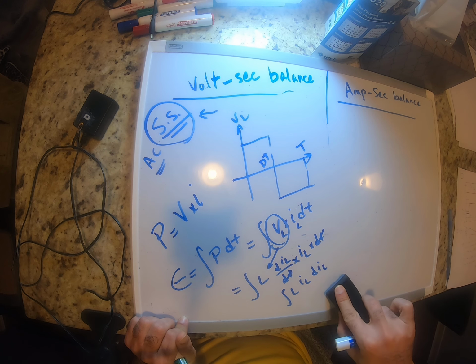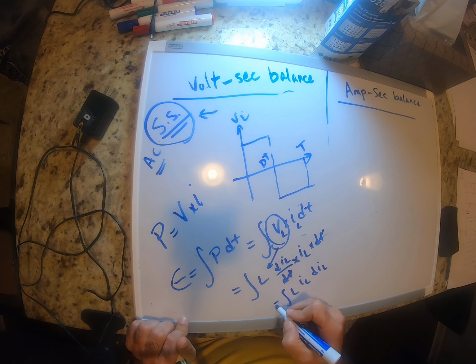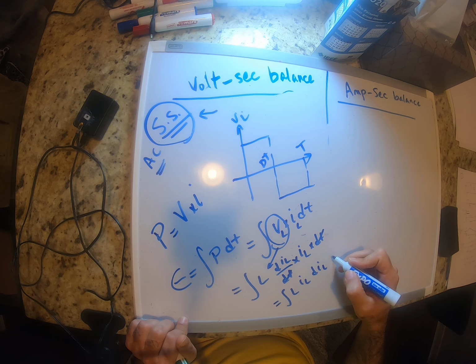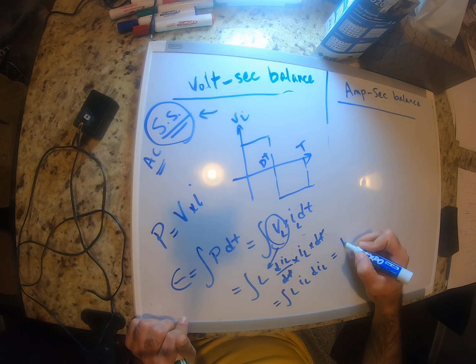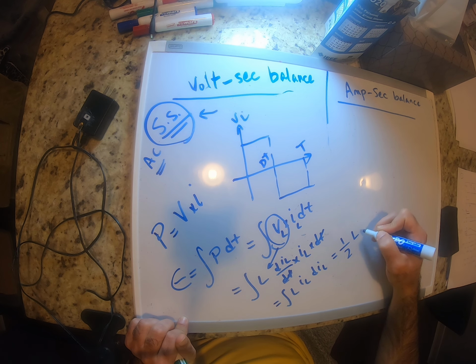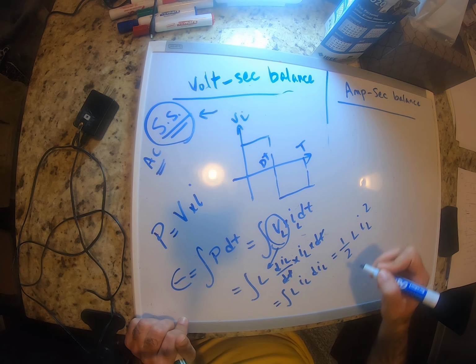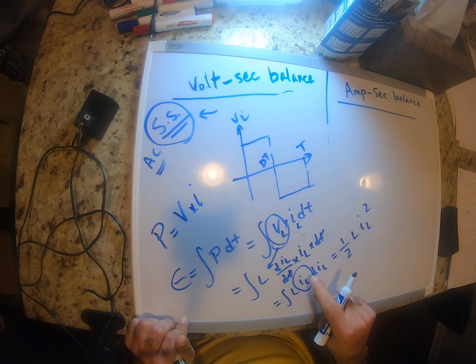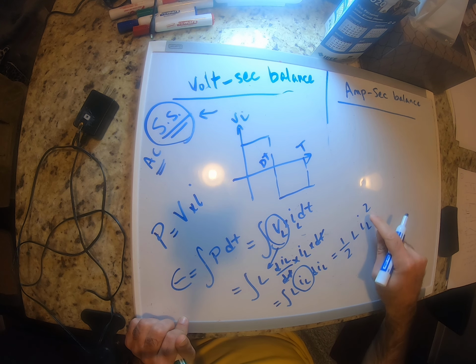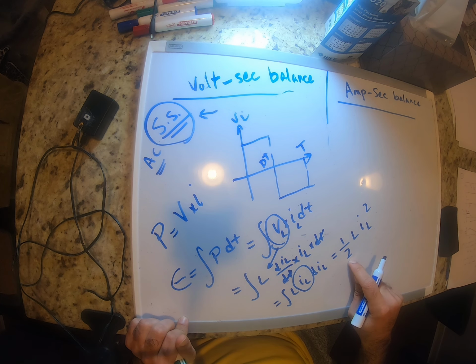And so this is basically going to be over one period 1 over 2 L IL squared, right? Because this is just like the power 1, so it's going to be IL squared divided by 2.